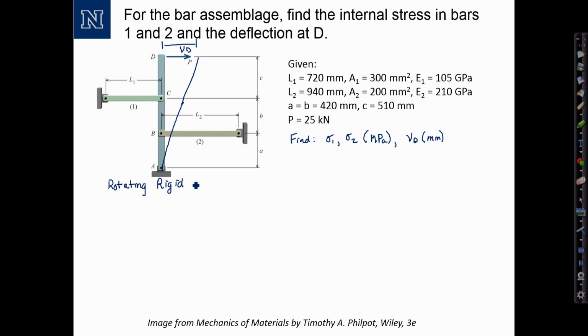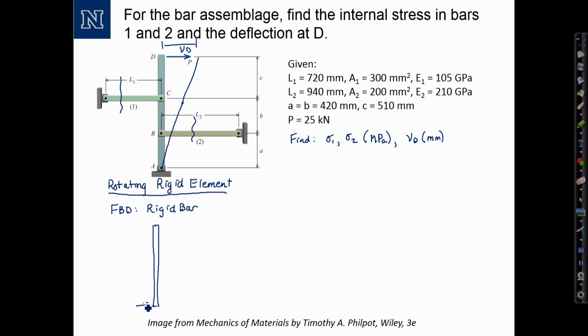And in this type of problem, we will always proceed by drawing a free body diagram of the rigid bar itself, where we have made cuts through the axial members. So we're going to replace those axial members with unknown forces. So our rigid bar will look something like this.